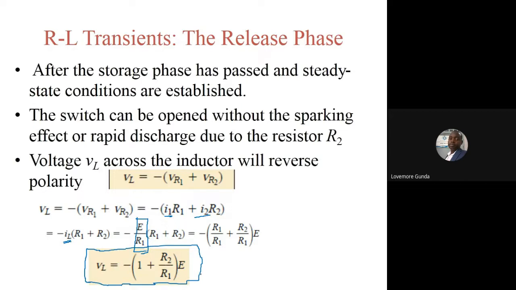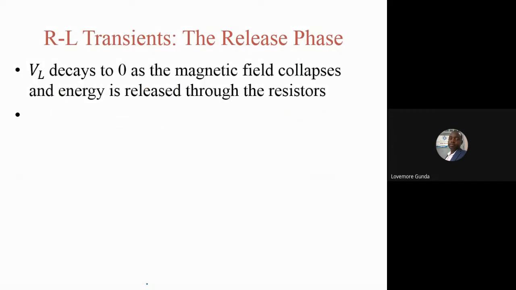You can see that it's now different. It's no longer E. It's now 1 plus R2 over R1 multiplied by E. In other words, that voltage is greater than E in all instances, but opposite.